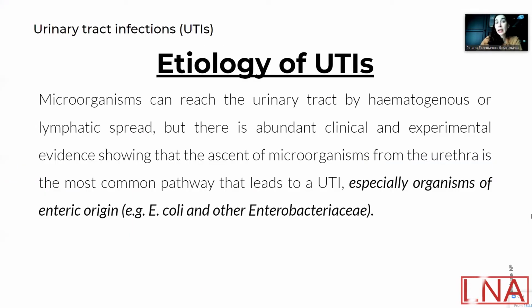About the etiology of urinary tract infections: microorganisms can reach the urinary tract by hematogenous or lymphatic spread, as we will discuss later, but there is clinical and experimental evidence showing that the ascent of microorganisms from the urethra is the most common pathway leading to urinary tract infection, especially by organisms of enteric origin like Escherichia coli and other Enterobacteriaceae.